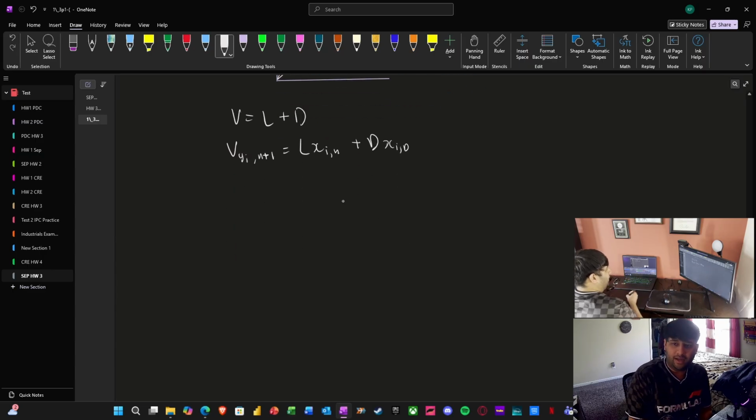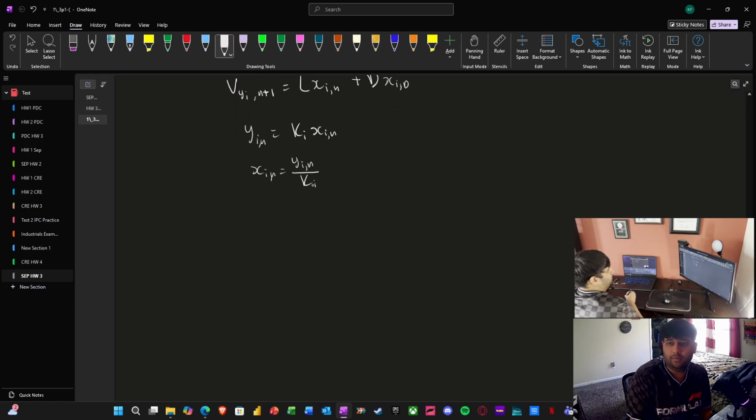And to rearrange this, what we see is y_i,n is equal to K_i times x_i,n. And if we rearrange that, we get x_i,n equals y_i,n over K_i.